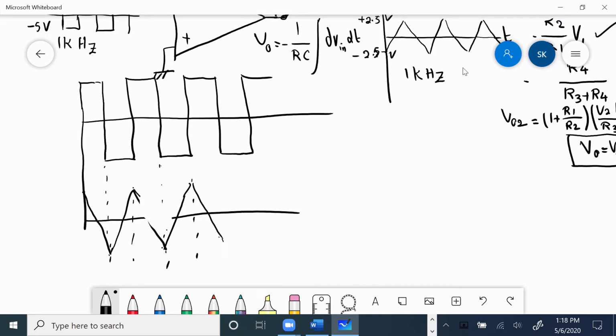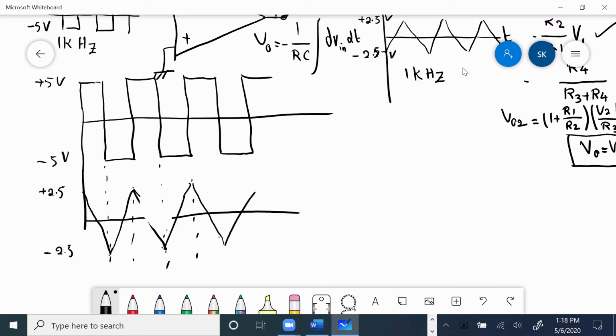This is plus 5, minus 5. This is plus 2.5, minus 2.5.